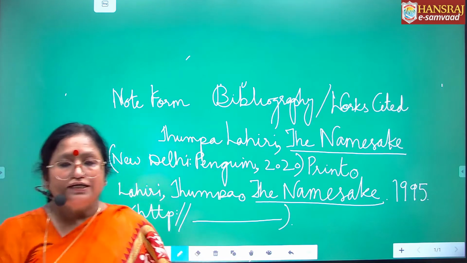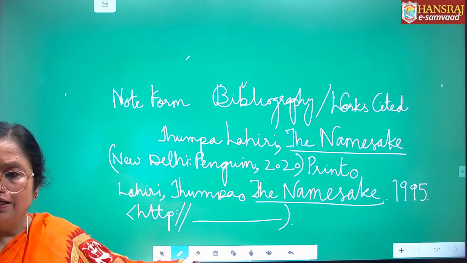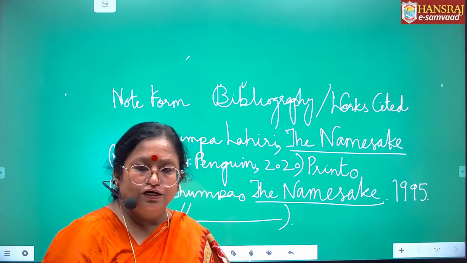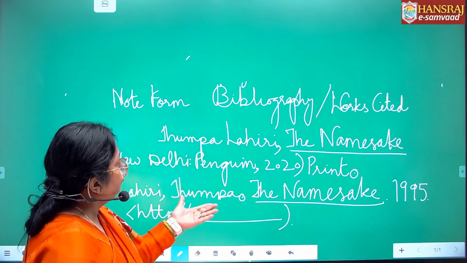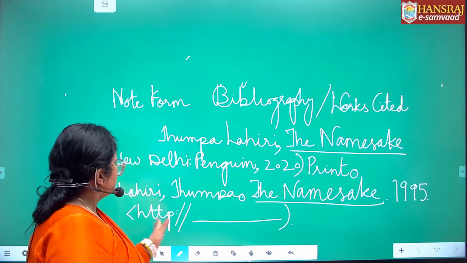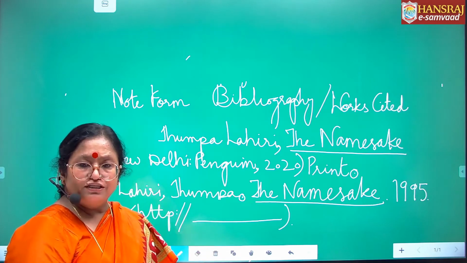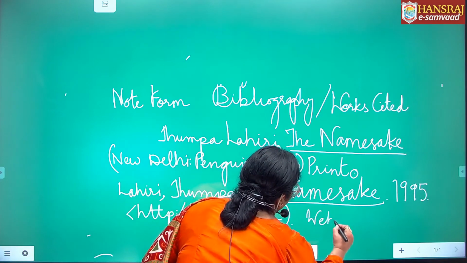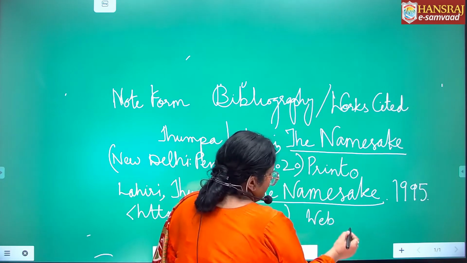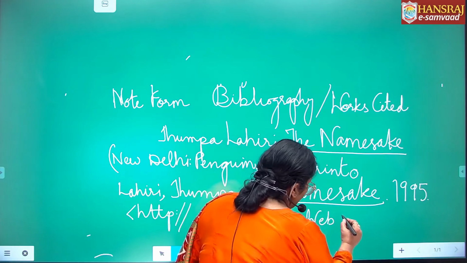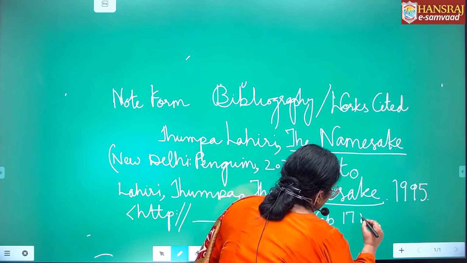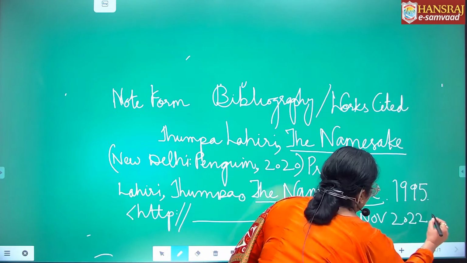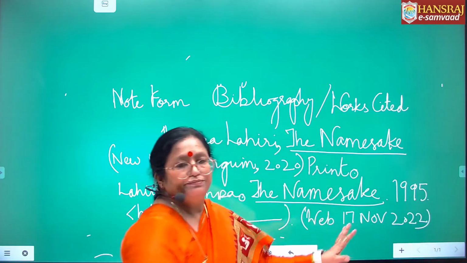So that if I click on this link, the related information will come again. Even these URLs and HTTPs are often not given. Simply, they write web and date. Let's say something I consulted today, that is 17th November 2022. So this will come under web.